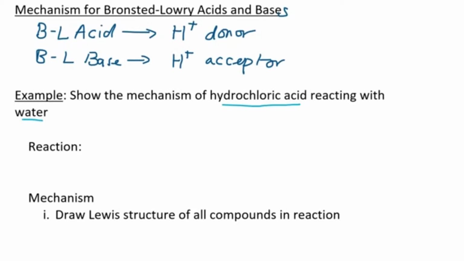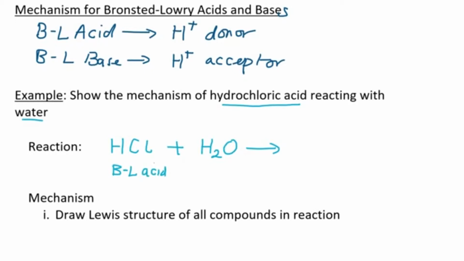Now you notice here that for the reaction we have HCl reacting with water, and once you see this, you'd be like, oh, by the way, this is an acid. Of course, everyone knows that. So in this case, by convention, we know that this is a Bronsted-Lowry acid.